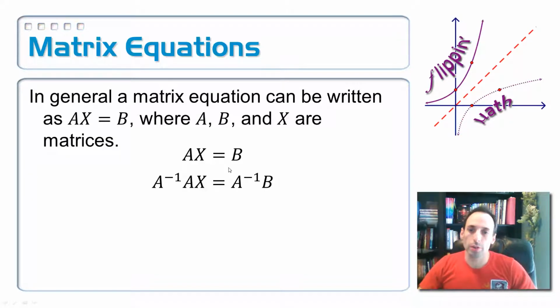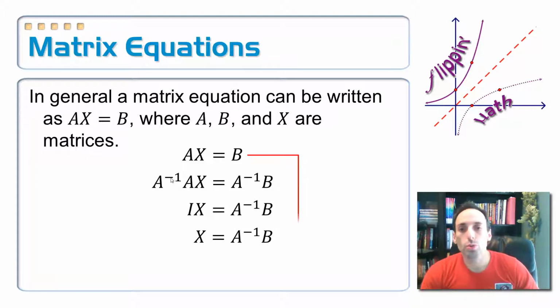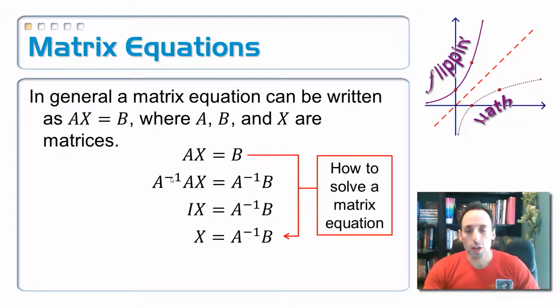Because it's not commutative. Okay, so right here on the left-hand side, the inverse of A times A, those cancel each other out, giving us the identity matrix. And then one more step: the identity matrix times X is just X itself. So in order to solve a matrix equation, you're just going to multiply by the inverse of A on the left-hand side of the equation, making sure that you do it on the left-hand side.